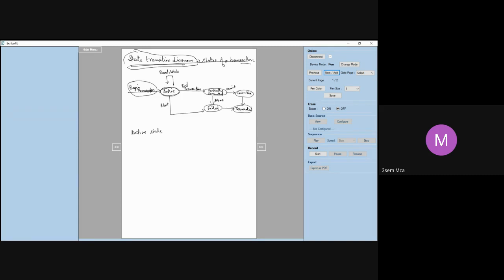Active state means it can issue read and write operations. That's why I have shown it like this. It is a cycle. There can be so many reads, there can be so many writes. So it will try to execute all the read and write operations while it is in the active state.